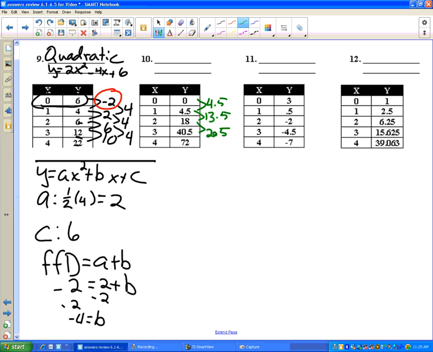Probably 31. Actually 22.5. And lastly, 72 minus 40.5. Yeah, I'm going to need the calculator for that.